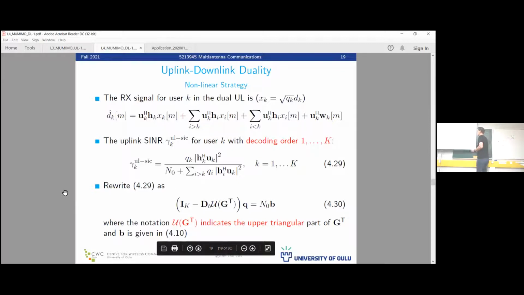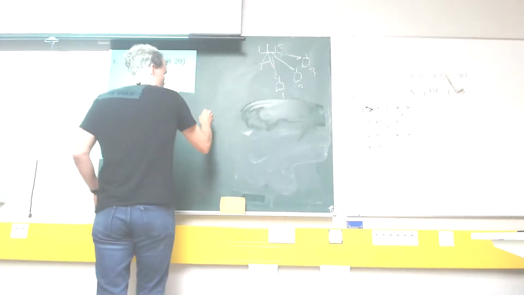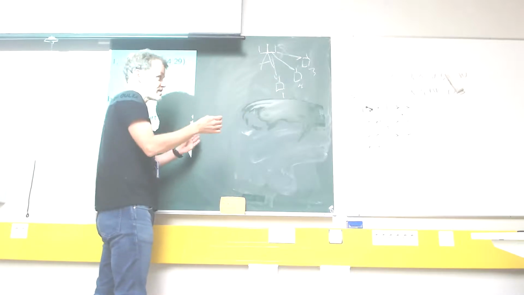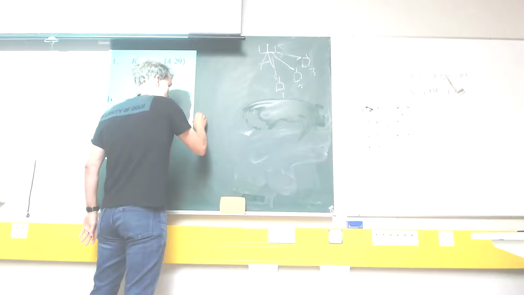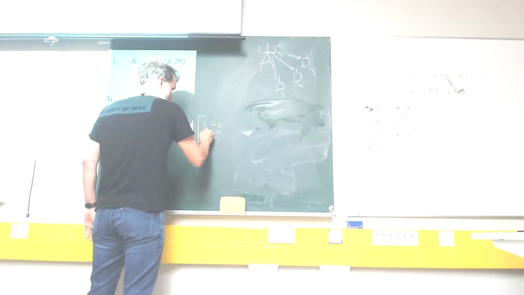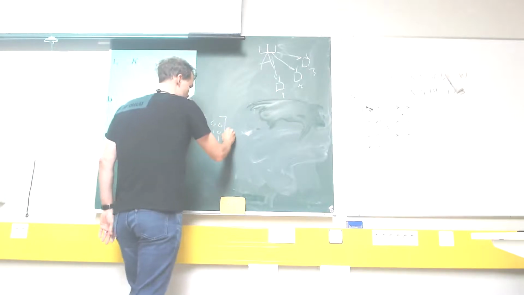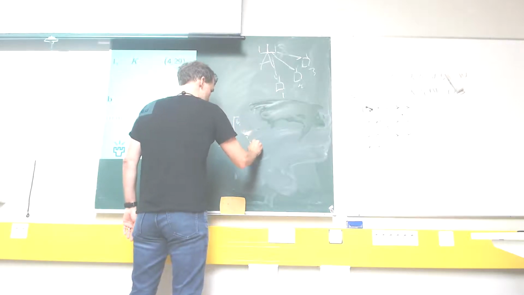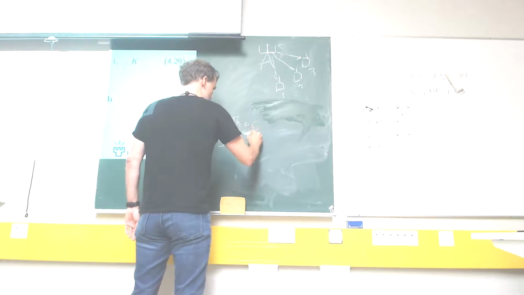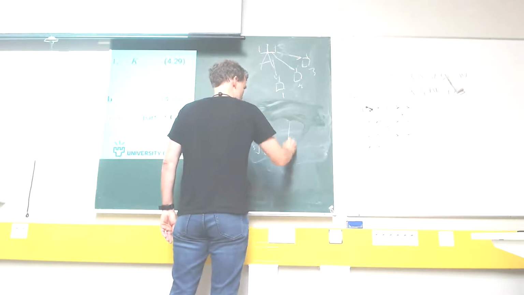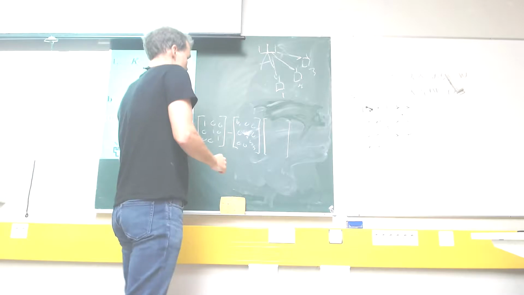So if we write SINR constraints or SINR expressions for these 3 users, what we get is this type of scenario: 1 minus b_1, b_2, b_3 times what do we have here?